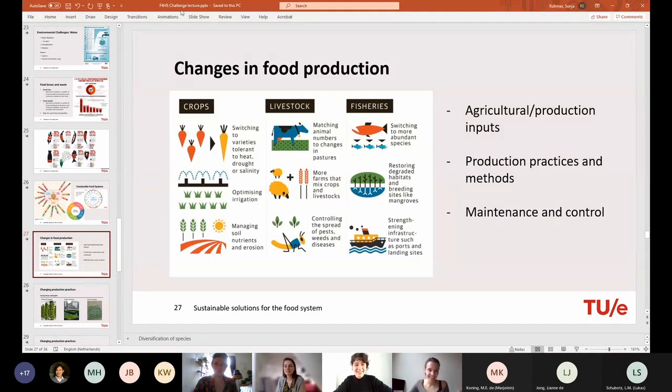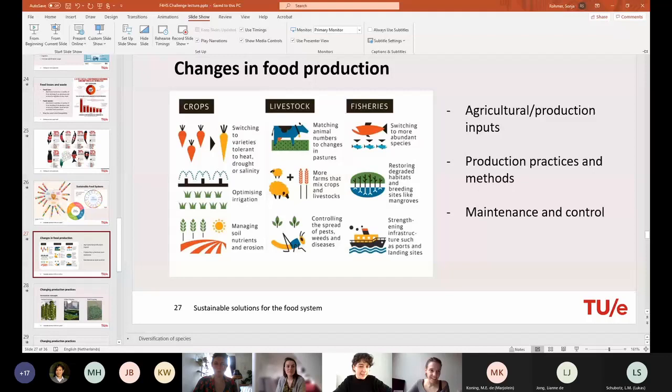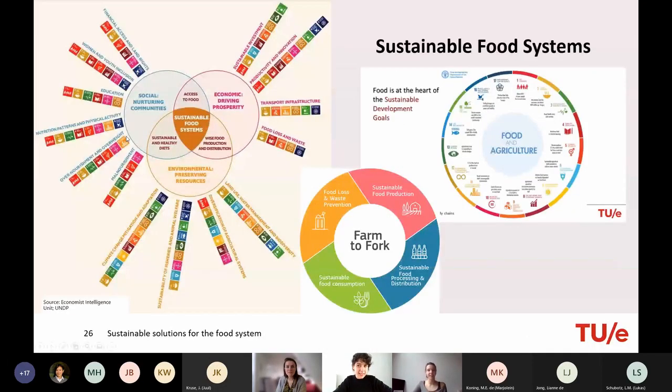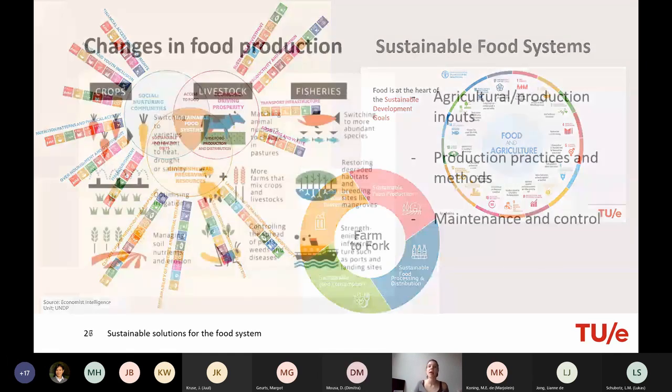It's okay. Okay, so we were at slide 26, I think. Yes, exactly. So basically the question is, how can we make our food system more sustainable and overcome some of these challenges?